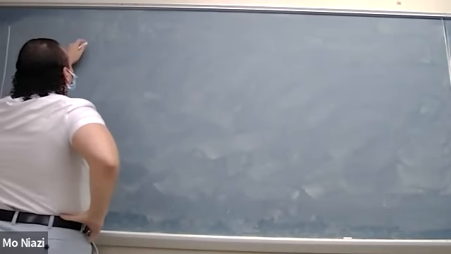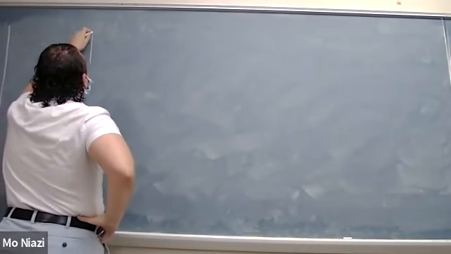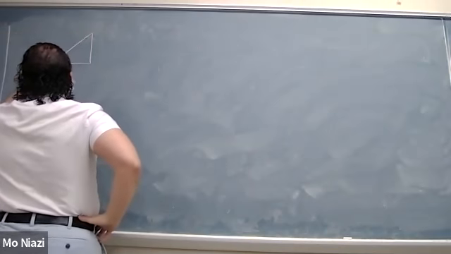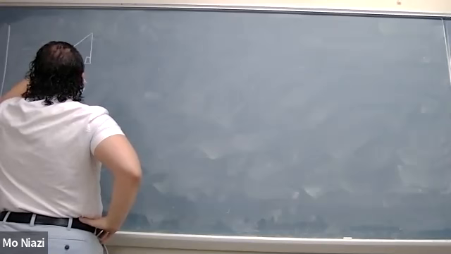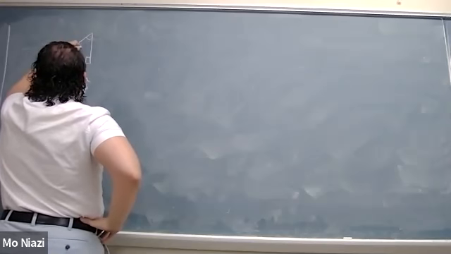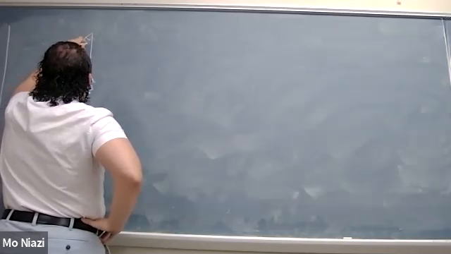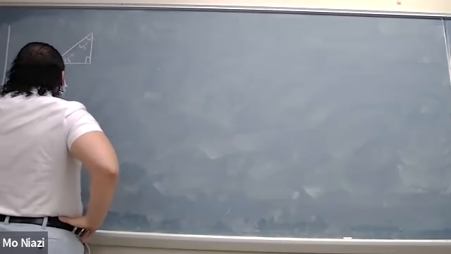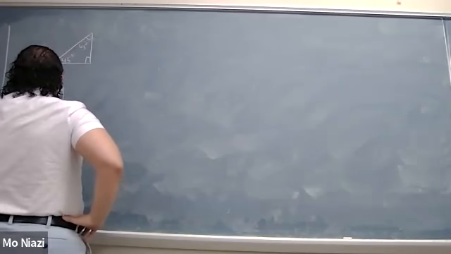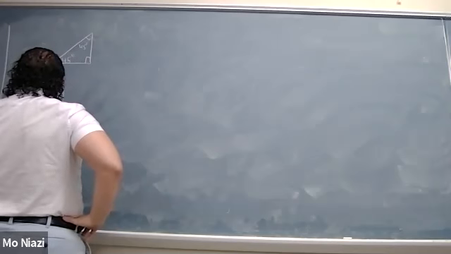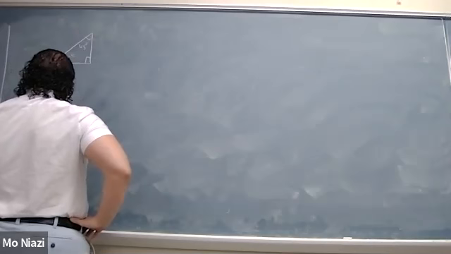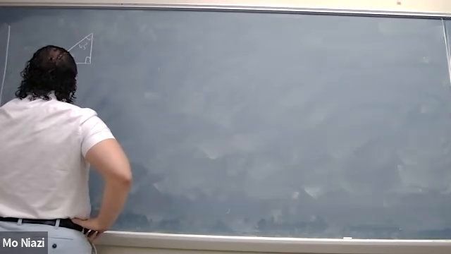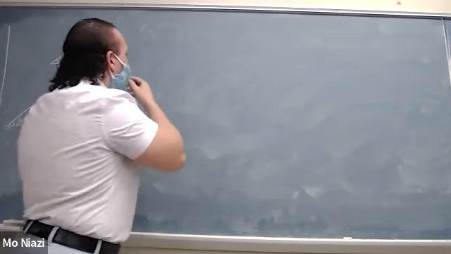So one of our special right triangles is our 45, 45, 90. And the other one is our 30, 60, 90. Okay.